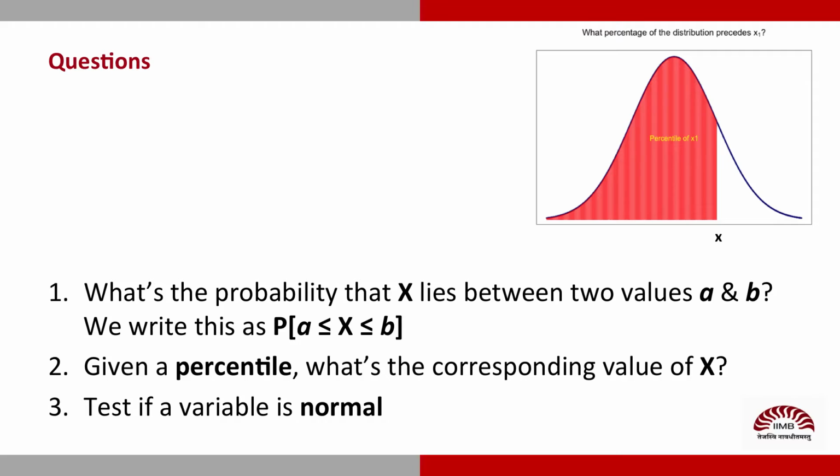For a normal random variable x, we are faced with more general questions. Here is a list. What's the probability that x lies between two values a and b? We write this as probability of a less than or equal to x less than or equal to b. Given a percentile, what's the corresponding value of x? Test if a variable is normal.